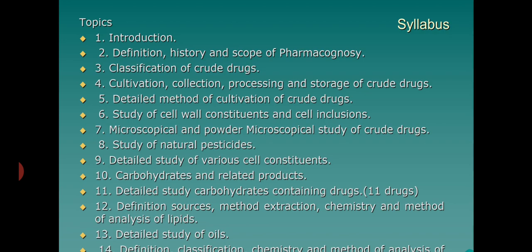And the third topic is classification of crude drugs. It's basic. Once you have studied so many drugs, or if you see in the market, in the product, so many drugs will be listed. But if you want to refer to them immediately, how to refer? In a dictionary, the words are given on the basis of alphabet, each letter having its words.